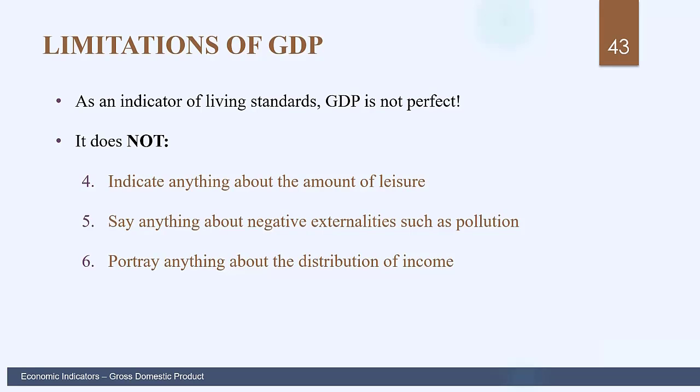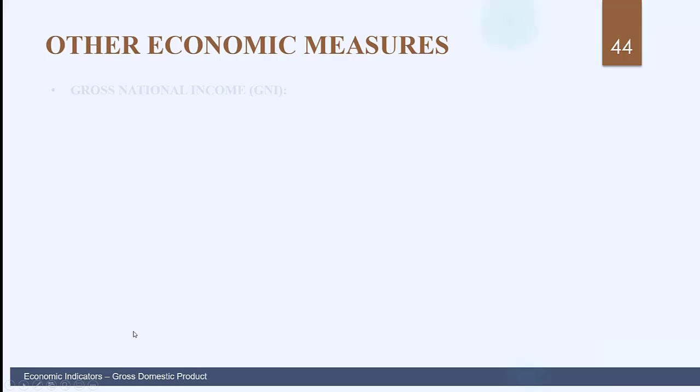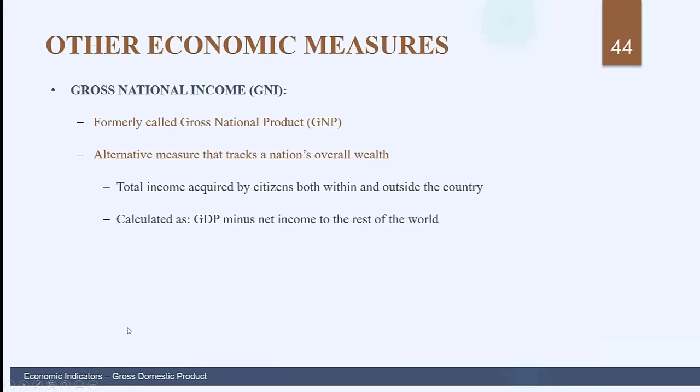There is another measure of national product called gross national income. Formerly, this was known as gross national product. This is an alternative measure that tracks a nation's overall wealth. The main difference here is that gross national income is concerned with the income earned by nationals of a country, regardless of where they're living.